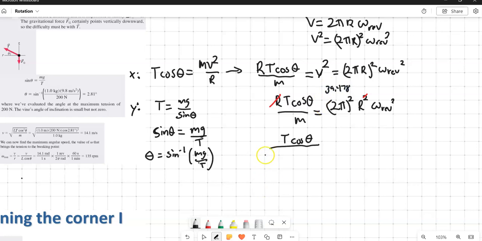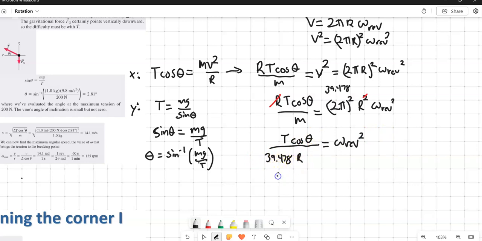We're going to bring that to the bottom over here. And then we're also going to divide by the r, too. So we basically divided both sides by that 2 pi squared r and brought it to the bottom over here. And that's equal to our omega revolutions squared. Okay?